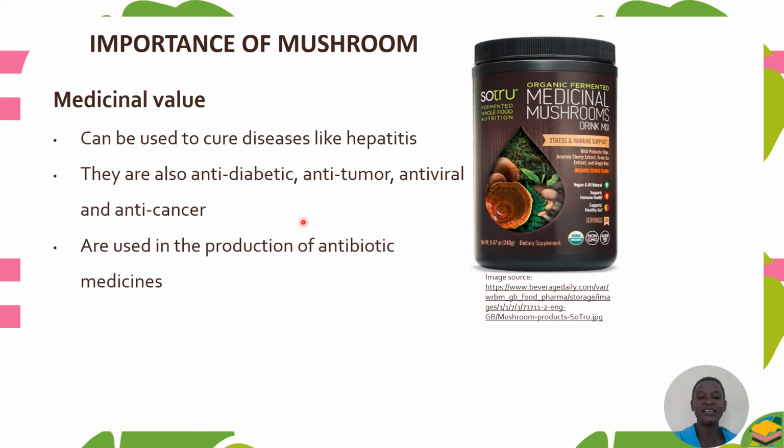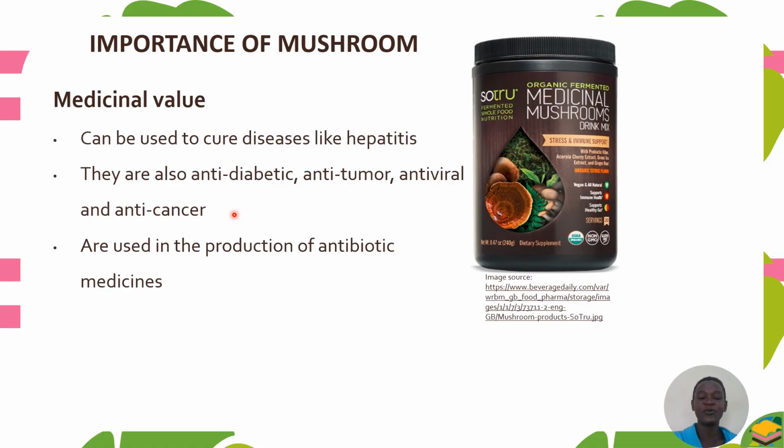Just by taking this raw mushroom or in the form of food, remember we have also mentioned that it is rich in protein. Some of the diseases which attack humans are due to lack of proteins. So if you take mushroom, you prevent these diseases. They are also rich in vitamins as well as minerals.